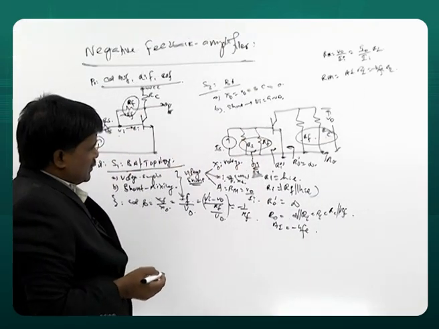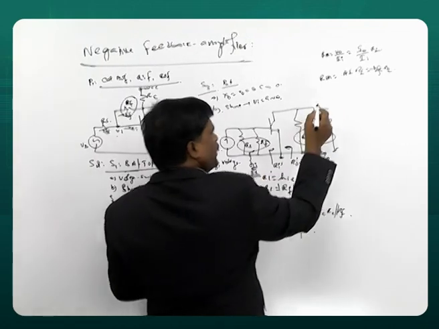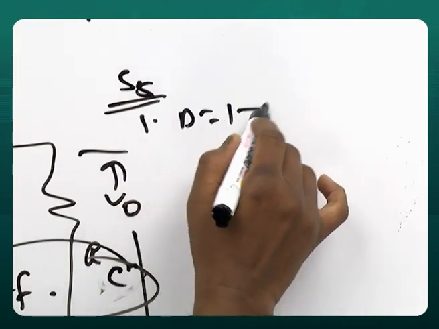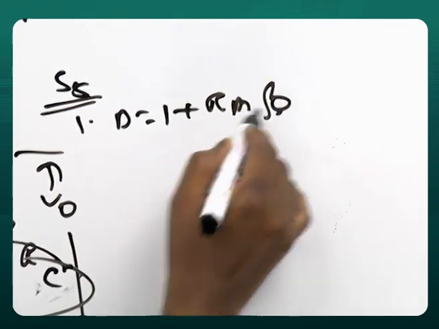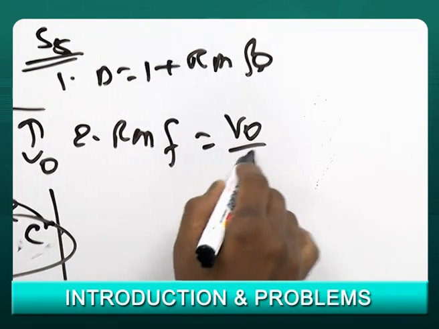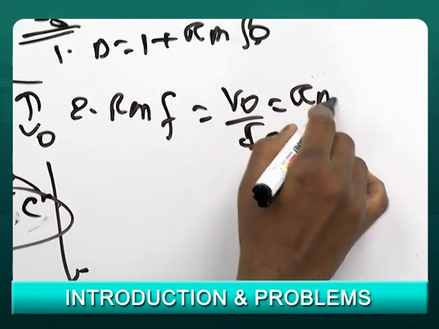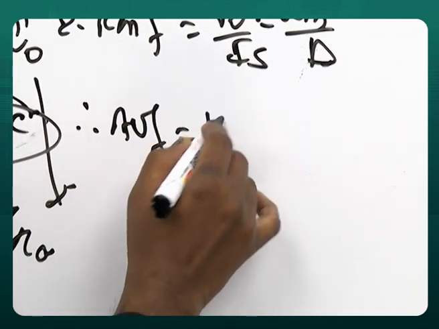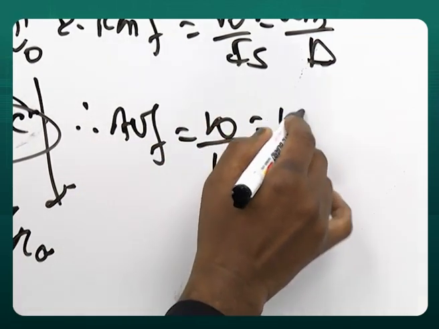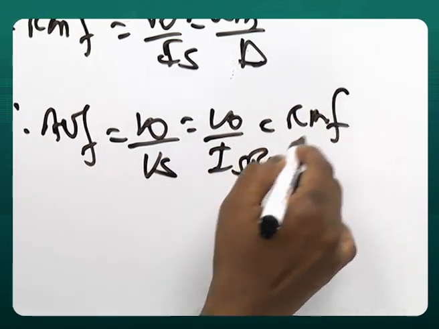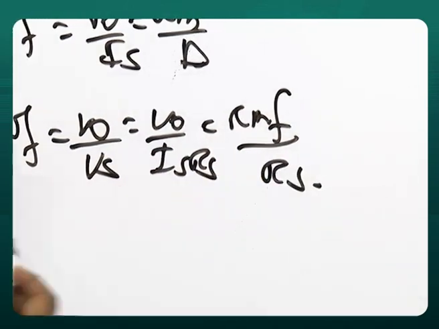That is RM. Lastly, step 5. What is step 5? D is 1 plus Rm beta. RMF is V naught by Is, which is Rm by D. Therefore, AVF is V naught by Vs, which is V naught by Is into Rs, that is RMF by Rs.